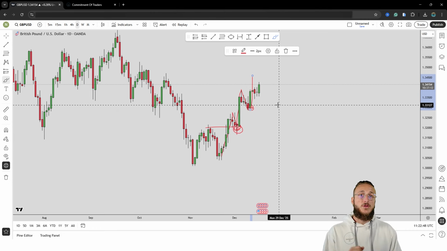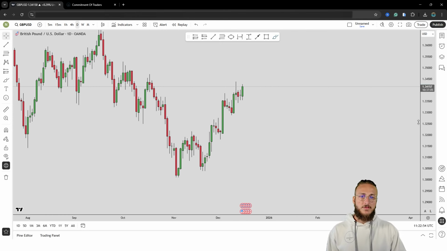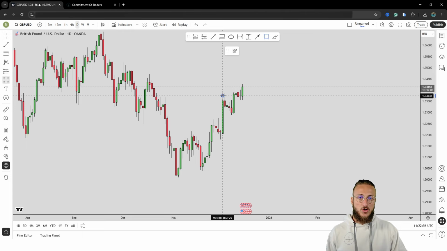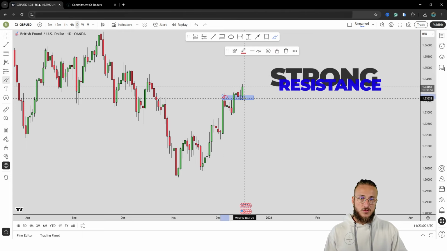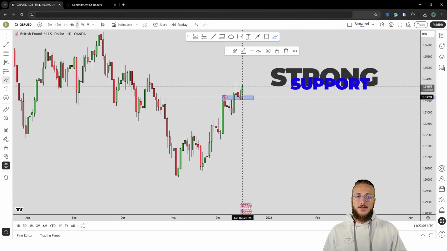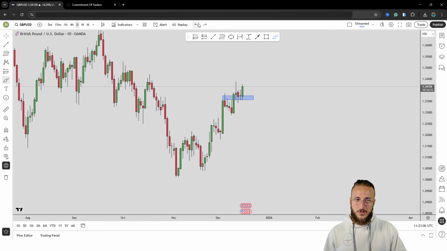But at the moment, what do we have? Here in the daily, the situation is actually very clear. What we have to identify is that at this zone, we have a very important structure level. This was the previous resistance, which is now turned support. Until the market will remain above this zone, it can easily continue higher.